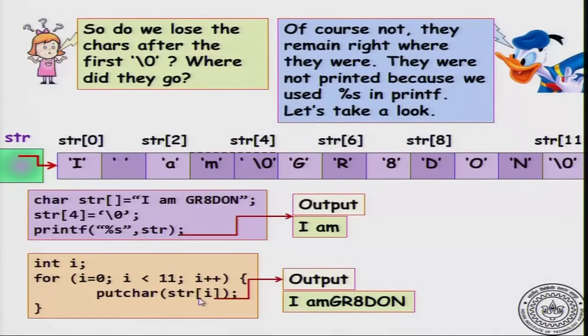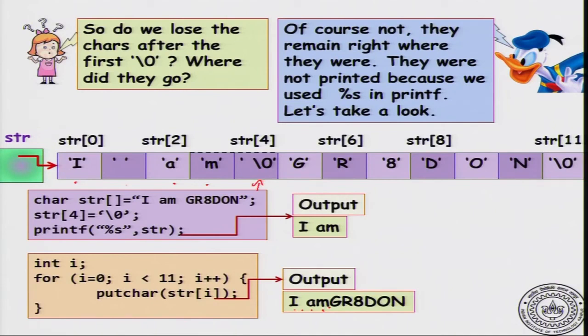If you run this, what you will see is it will print the first character, which is I, then the second character, which is space, then the third character, which is a. So, these three are printed as they are, and then m, and the fifth is a null character.